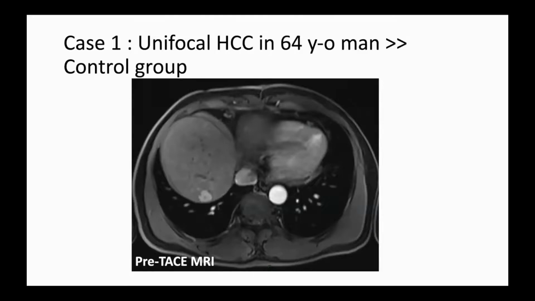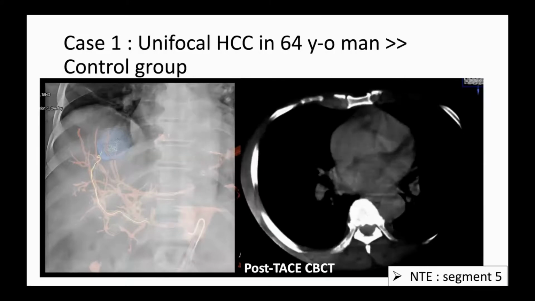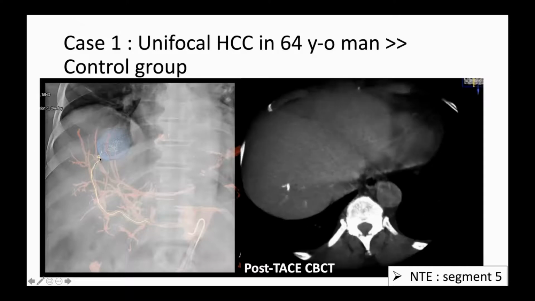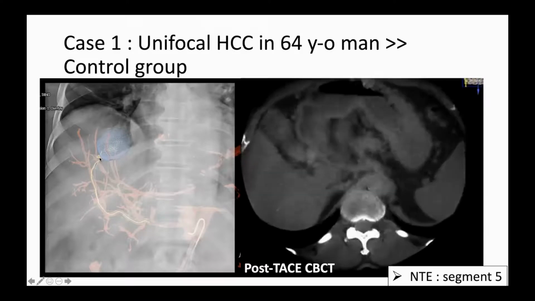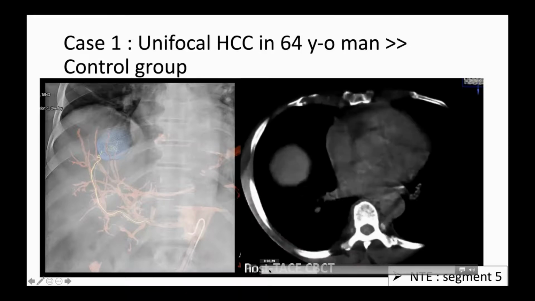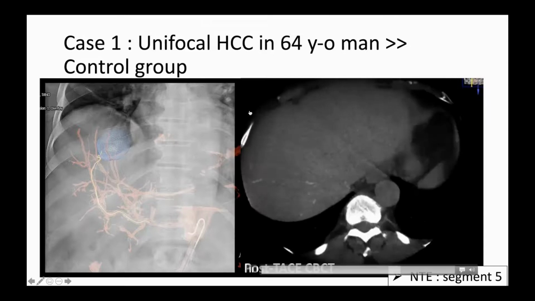This is the first case, an HCC patient treated with a conventional microcatheter and beads. We did a dual phase cone-beam CT, went for a hyperselective embolization, and we noticed that we had a reflux into segment 5.